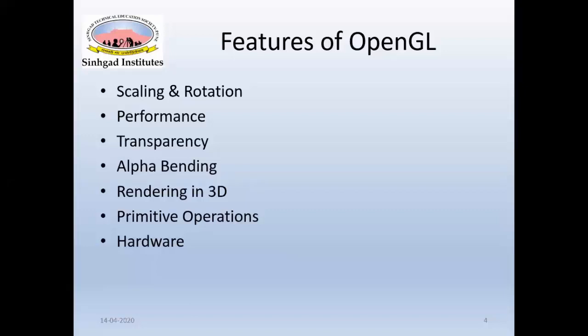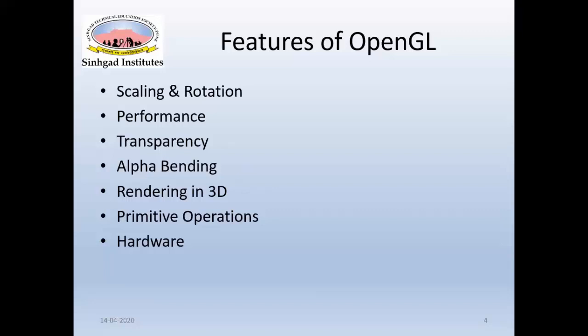Third, transparency. We can make some portion of the graphics a transparent area with the help of OpenGL. Fourth, alpha blending. It allows graphics to be drawn semi-transparently.